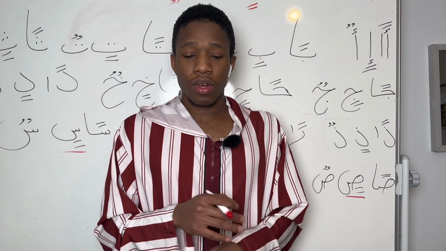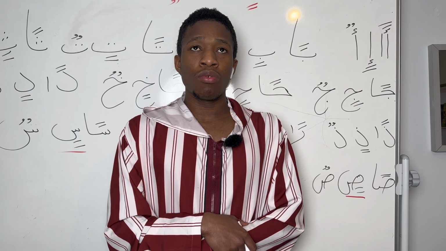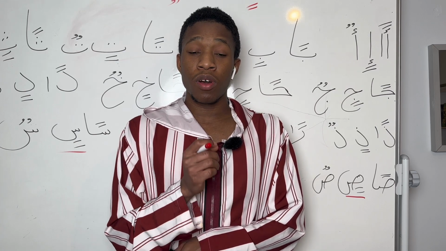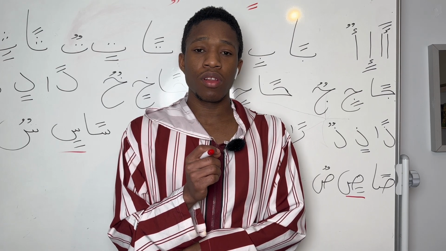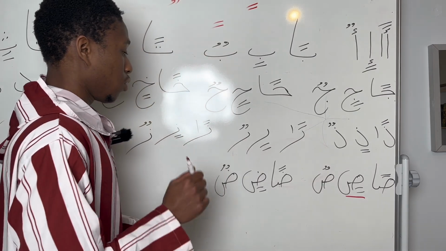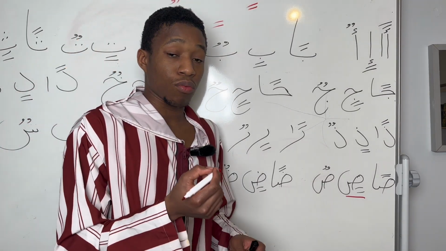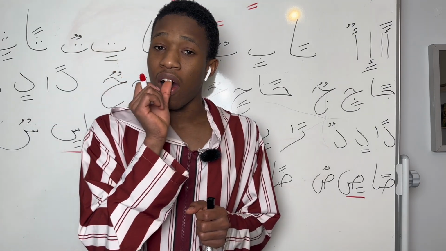Now let's do the correct one. غير المغضوب عليهم ولا الضالين. MashaAllah. So now say dad. Your tongue goes up behind your teeth. Okay?